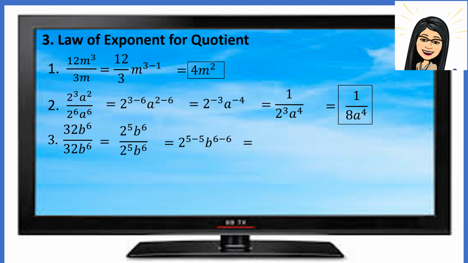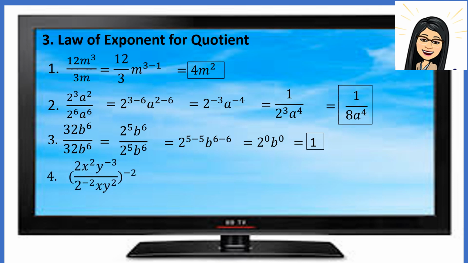It becomes 2 raised to 0, b raised to 0. Since 2 raised to 0 is equivalent to 1 and b raised to 0 is also equal to 1, as indicated in our rule that any number raised to 0 exponent has the value of 1. So our final answer is 1.